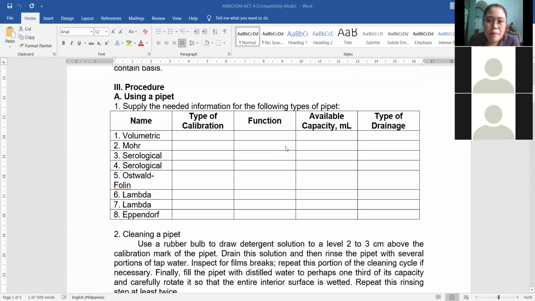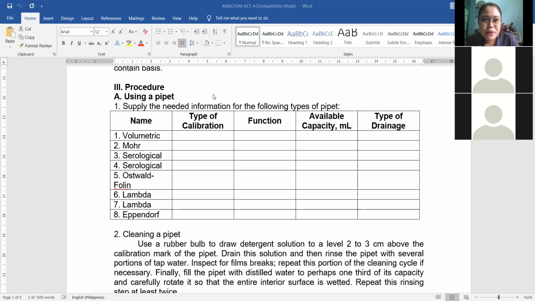Questions, class, about the pipette? Yeah, pag malapas siya, you have to repeat everything. Tama yan siya, George. You have to repeat everything pag malapas siya. At the same time, if nasa loob na yung solution ng pipette, hindi mo pwedeng ibalik yun sa kanyang container.